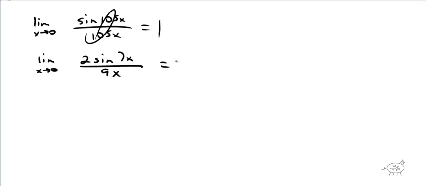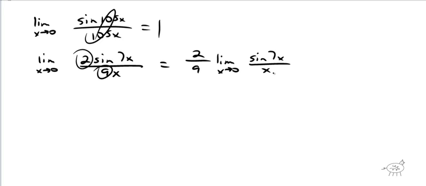Well, here's what you do. It's really easy. By the constant multiple rule, I'm allowed to pull constants out in front of the limit. So 2/9 limit as x approaches 0 of sine of 7x over x. And I'm almost done. What do I need in the denominator? I need a 7. But you can't just put a 7 there; you actually have to put a 7 to balance it out, because 7 over 7 gives you 1.